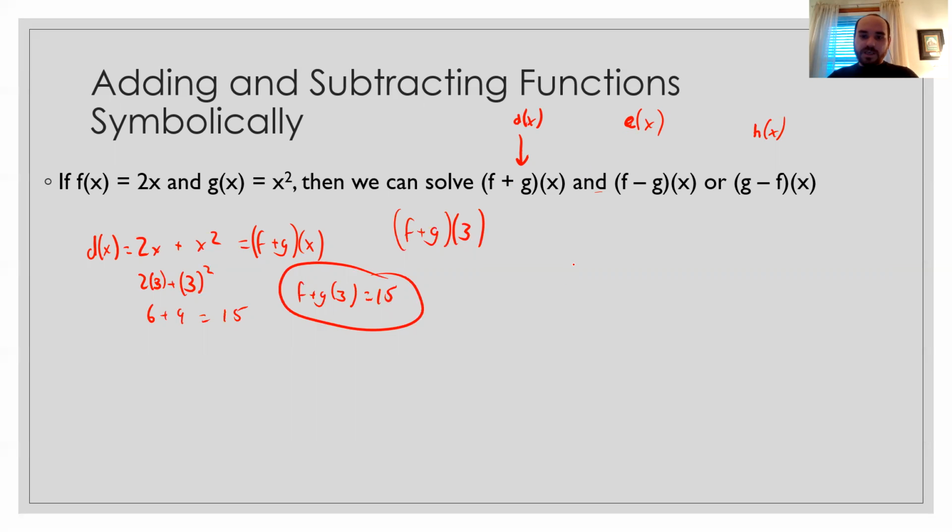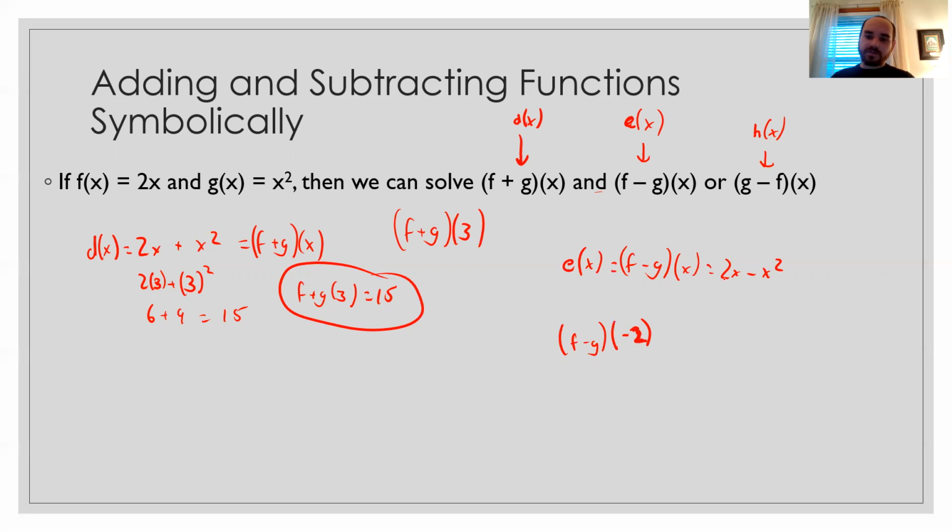Then if we want to solve for e of x, that's equal to f minus g of x, which is equal to f of x, which is 2x, minus x squared. So in this case, f minus g of x is equal to 2x minus x squared. We could plug in any number we want for x. Let's say we wanted to find f minus g of, let's say, -2.